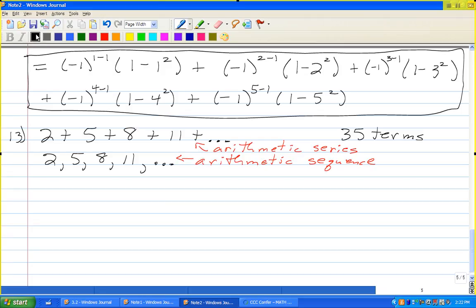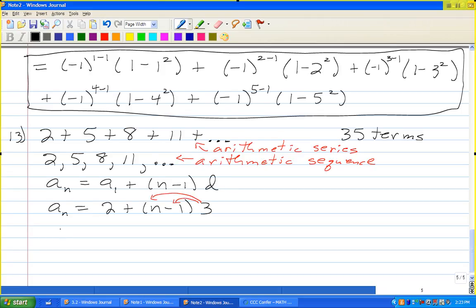And so I know the general term for an arithmetic sequence, a sub n, is equal to a sub 1 plus n minus 1 d. And so a sub n is equal to the first term, 2, plus n minus 1 times a common difference. Well, I see I'm always adding 3, so 3. Let me multiply 3 inside the parentheses.